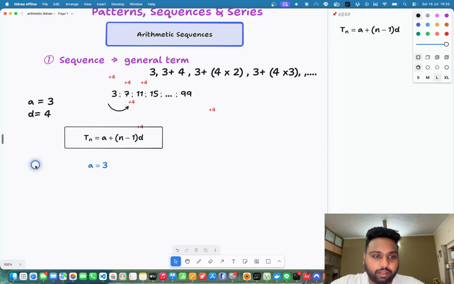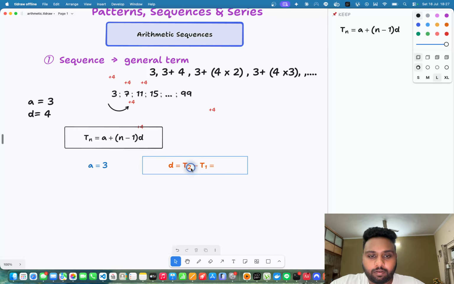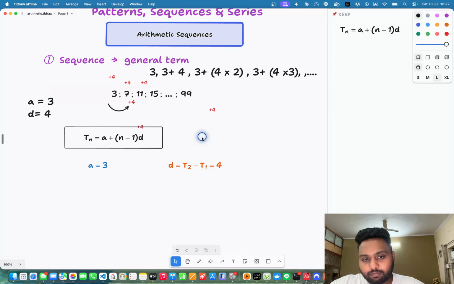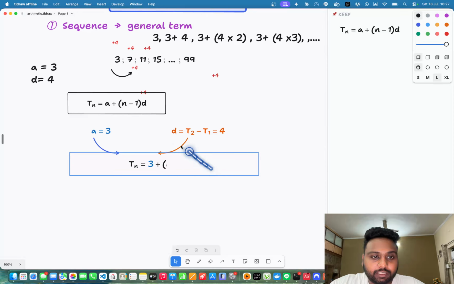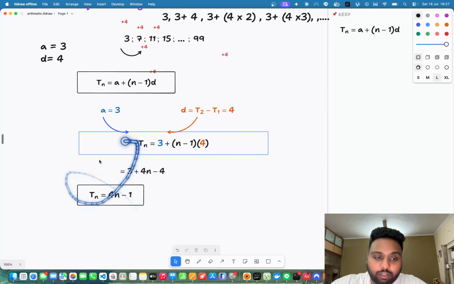We can say the difference is also the difference between the second term and the first term, which is 4. So for this particular series, what is Tn going to be? Tn is going to be 3 plus n minus 1 multiplied by 4, that is going to be 4n minus 1.